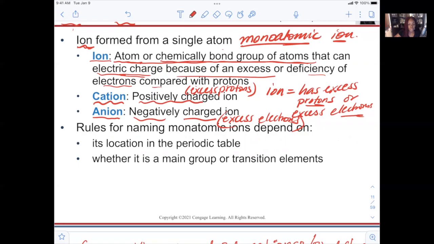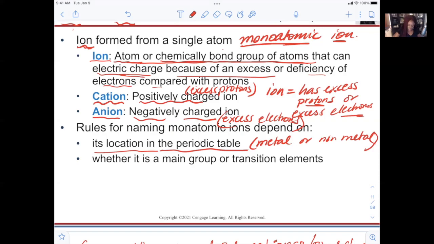Okay. Rules for naming monatomic ions depend on two things: the location of the element that's producing the ion in the periodic table. Now, this can be generally, is it a metal or non-metal? Are we dealing with group 1, group 2, group 3, or group 4, group 5, group 6, or group 7?